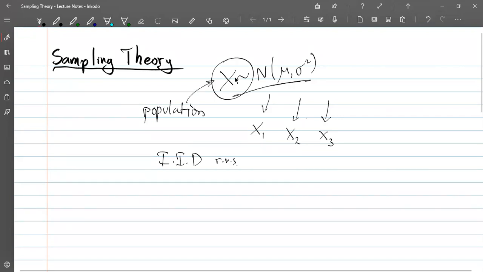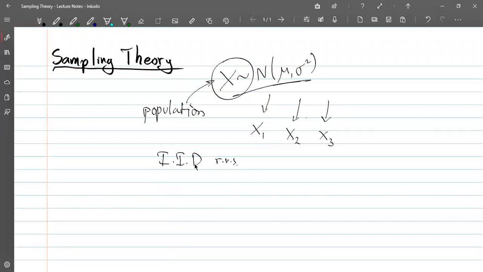So you are taking values at random from this, meaning you're repeatedly making observations about it. So what you get is a sample, and if you do it randomly and independently, without one outcome affecting the other, then you have independent, identically distributed random variables. So a sample is nothing but that.